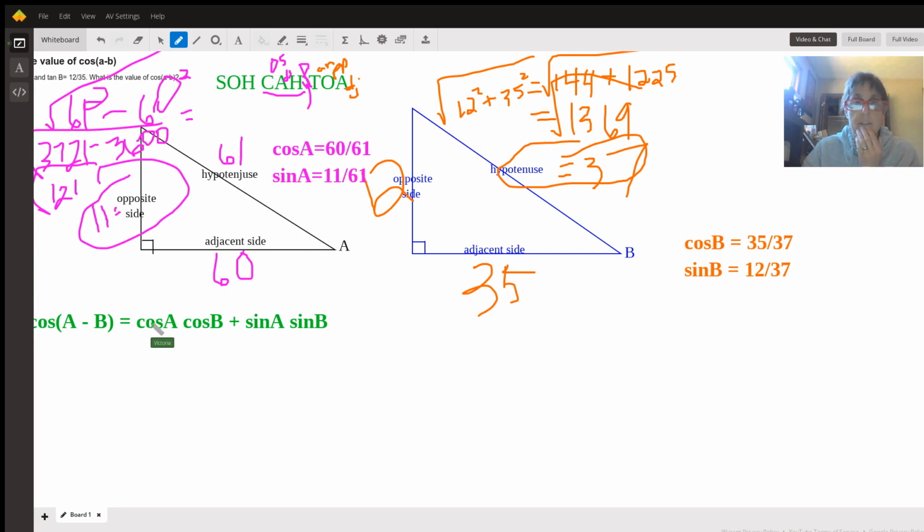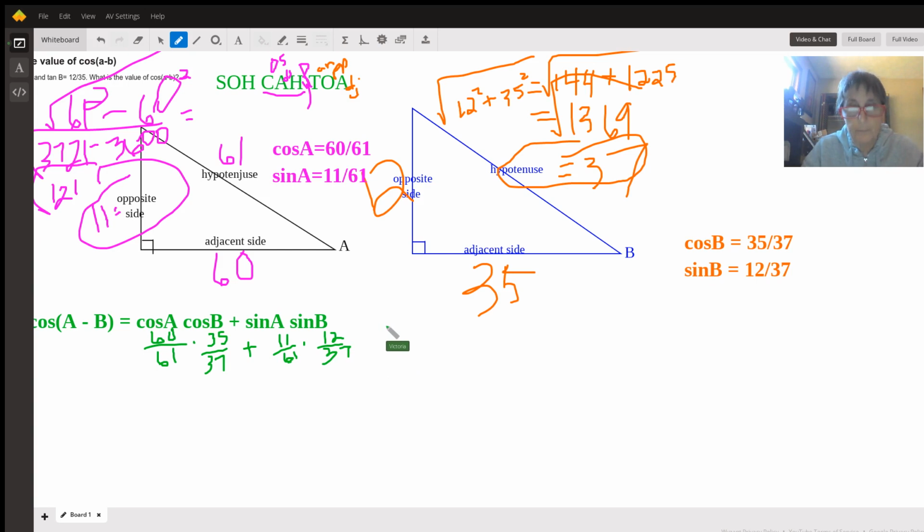I need the cosine of A, which is 60 over 61, times the cosine of B, which I found out is 35 over 37, and then plus the sine of A, which is 11 over 61, times the sine of B, which is 12 over 37.